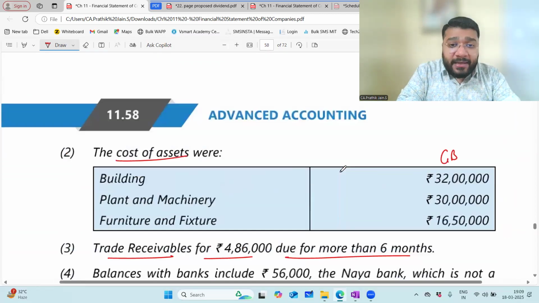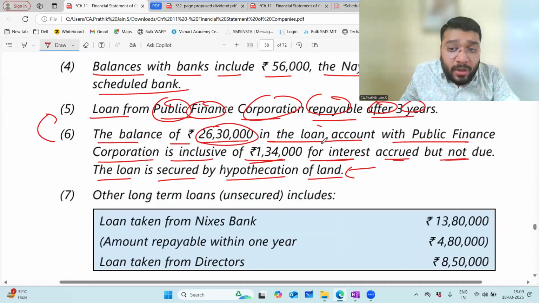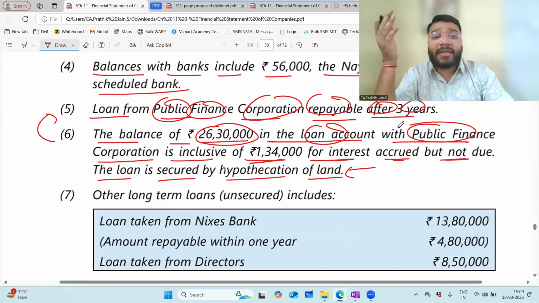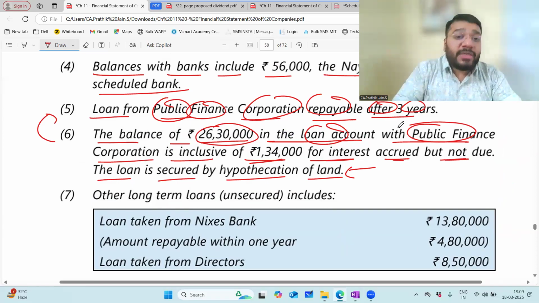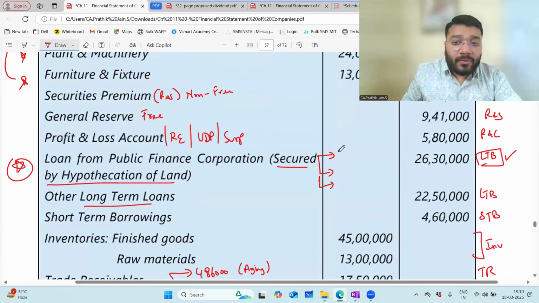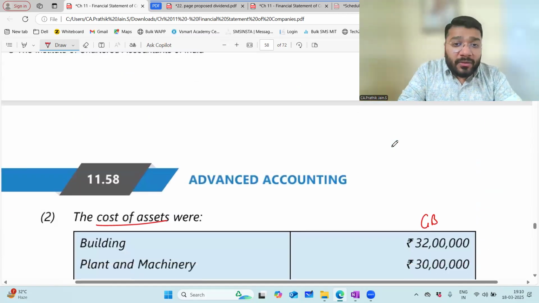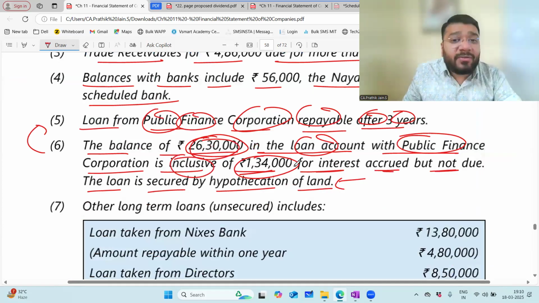They're telling that the balance of 26,30,000 in the loan account of Public Finance Corporation, in that, 1,34,000 is interest accrued but not due, which is nothing but your other current liability.